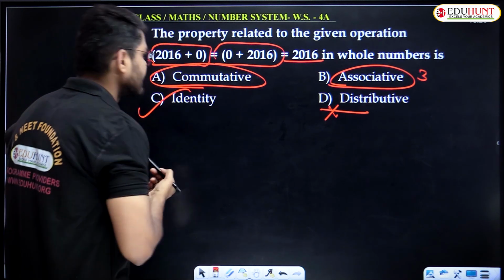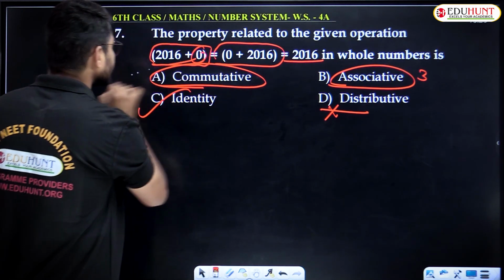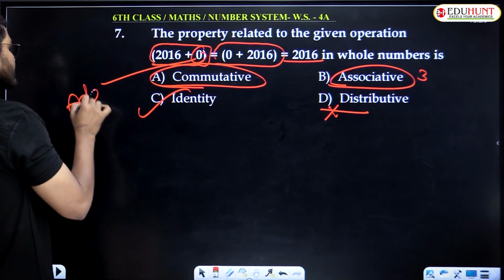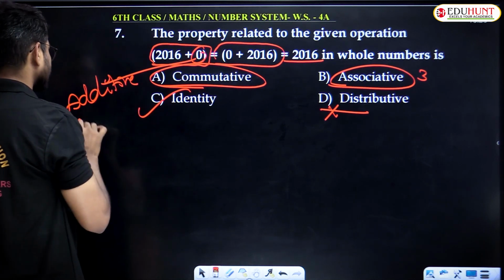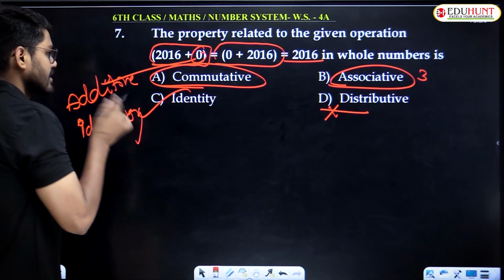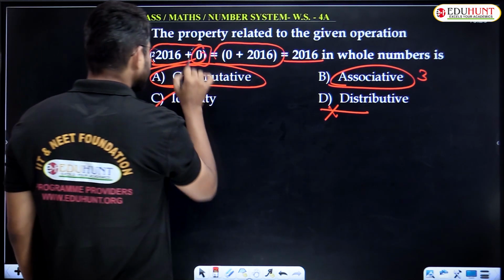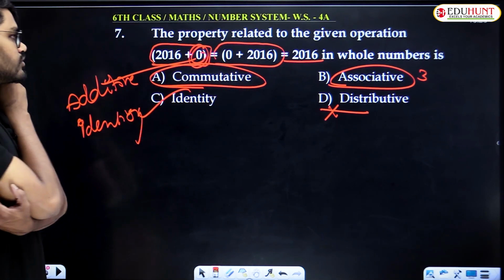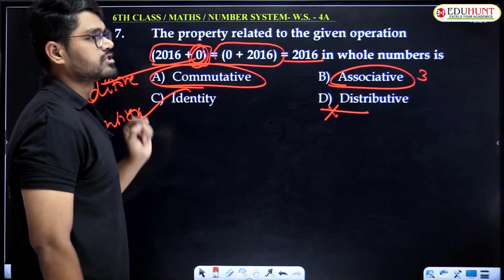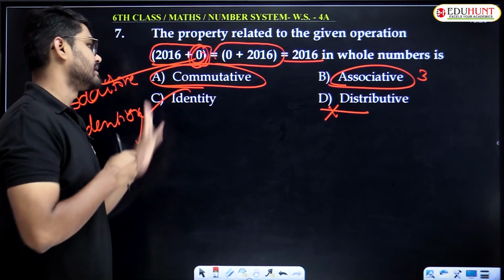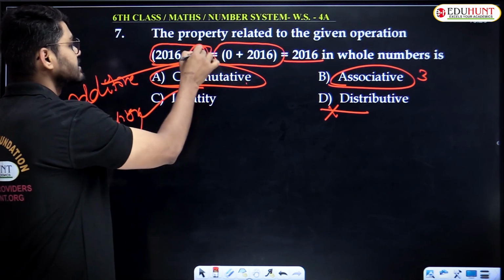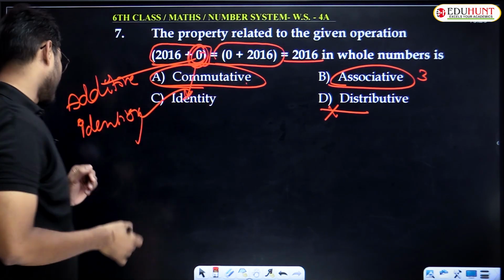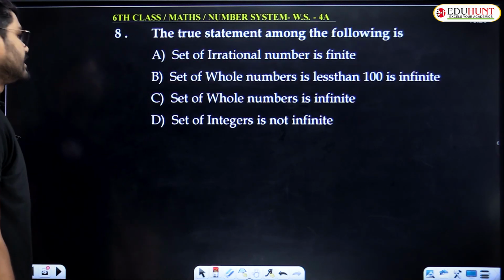This is identity property because 0 is the additive identity. In case in the place of 0 any other number is there, that is commutative property. Did you understand, students? If 0 is there, that's why this is identity property. Okay, students, let's move on to the next one.